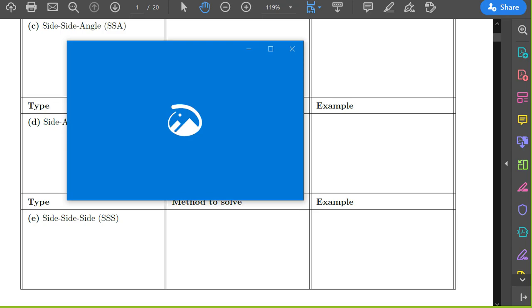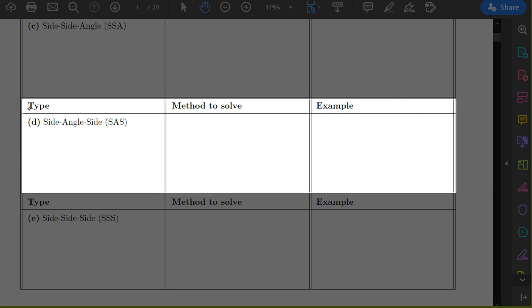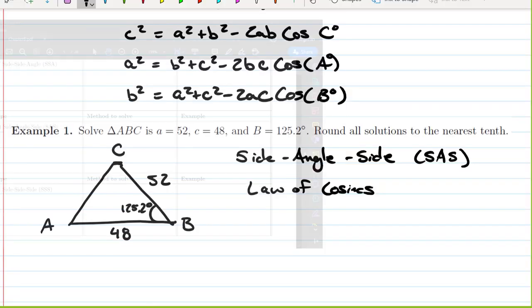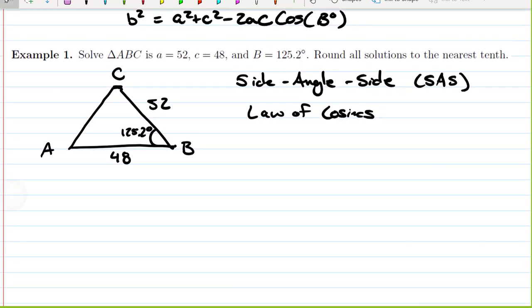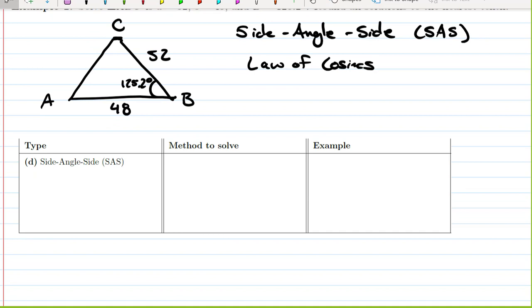The 2 sets of examples we're going to do in this next section are going to be law of cosines. So when we run into the situation where we have side angle side, our method to solve is going to be law of cosines. And this is going to be 8.2, example 1.